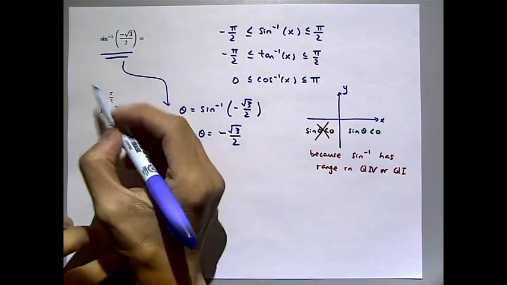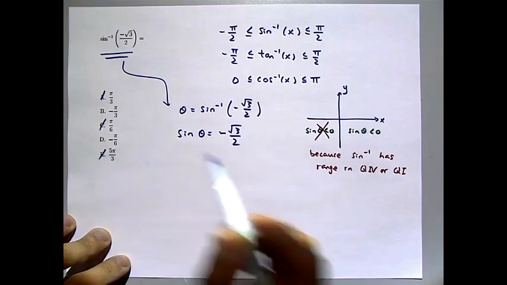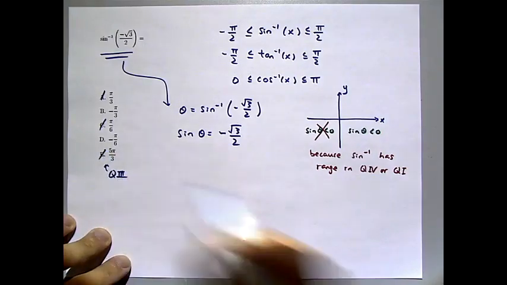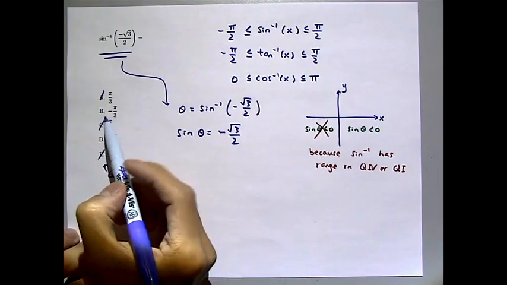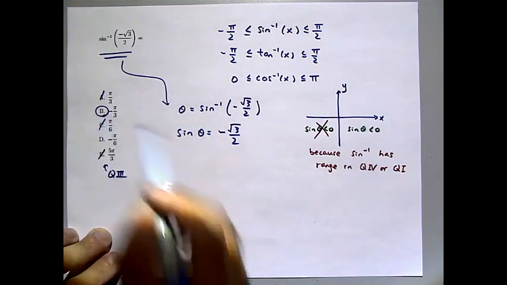It's not A, right? Not A. It's not C. It's not E because this is in quadrant 3. And both of these are quadrant 4. Therefore, it's which one? B? B as in book? All right, good.